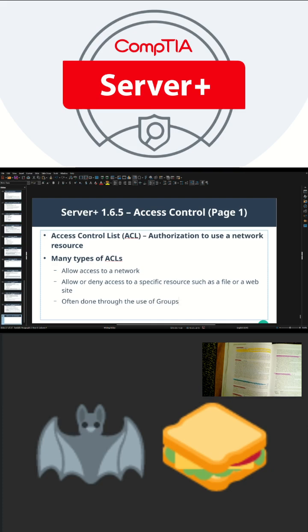So groups is a very powerful tool. In some places, I think they used to call it workspaces or something like that. It's a very powerful tool to group computers, resources, and users. Work group, I think is what they used to call it on Windows.